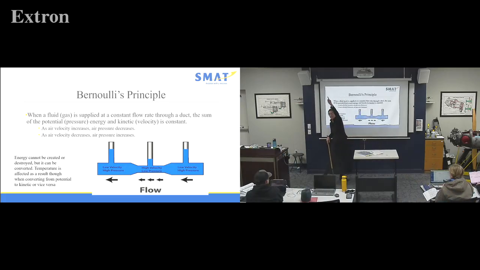Unless otherwise specifically specified, which we have here. So they're specifying in this particular example that the airflow is this way. Why? Because it is.